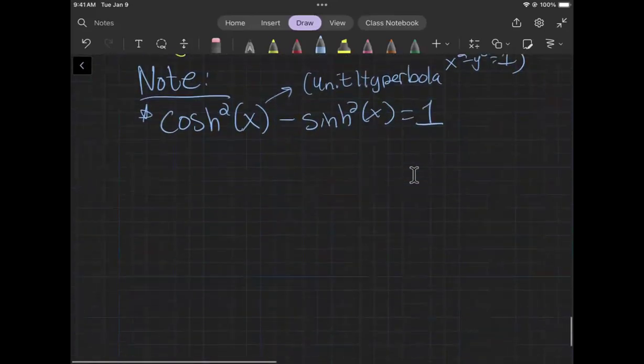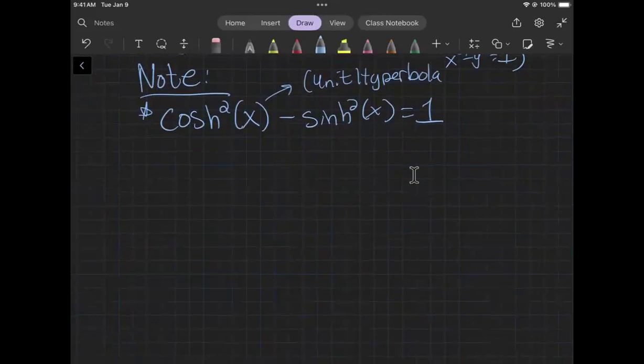So we know that sine of x and cosine of x are periodic, right?